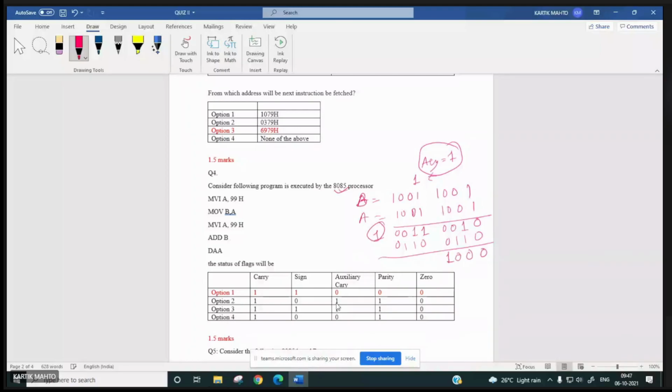So this will be 1 0, 1 0, 0 1. So final answer will be 98, no? Final answer is 98. So is this carry generated?